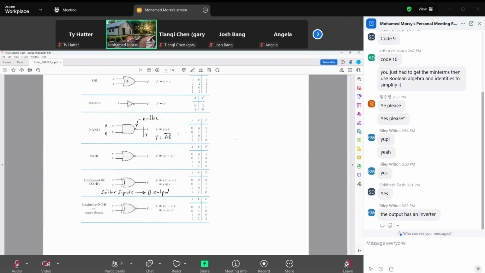We mentioned last time that AB total inverted does not equal A inverted, B inverted. They are not equal.